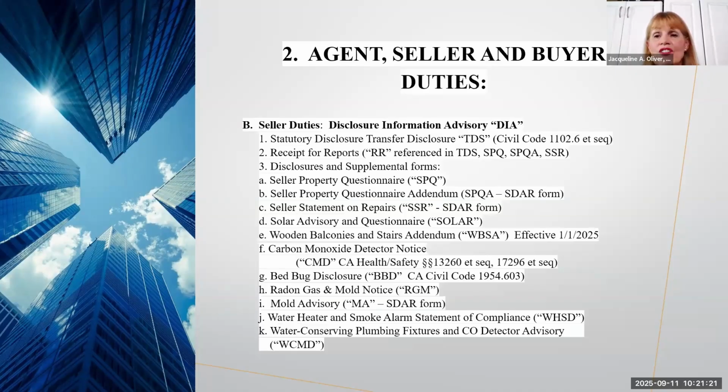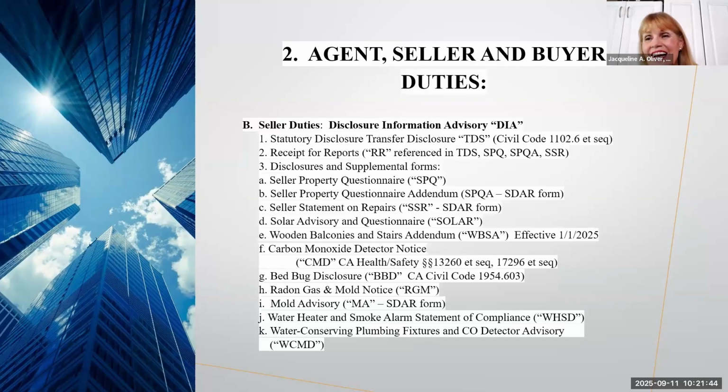There are several. You'll see the statutory disclosure, the transfer disclosure under Civil Code 1102, which we call the TDS. If you look in the Civil Code, which is a statute, you'll see a form just like the CAR form.